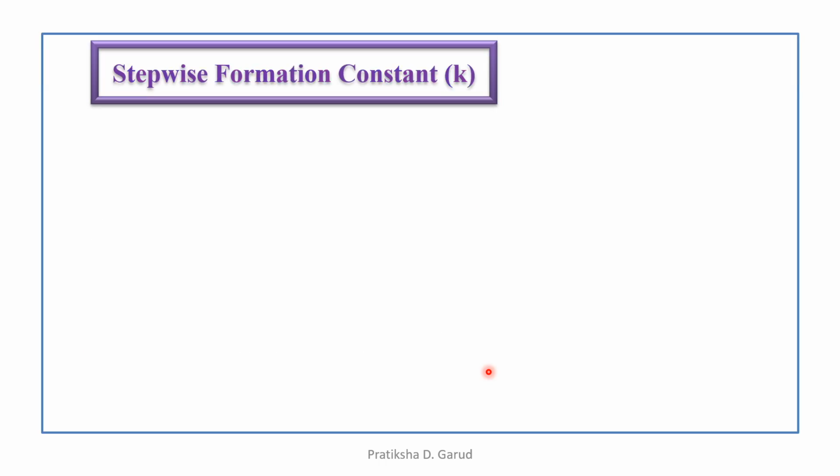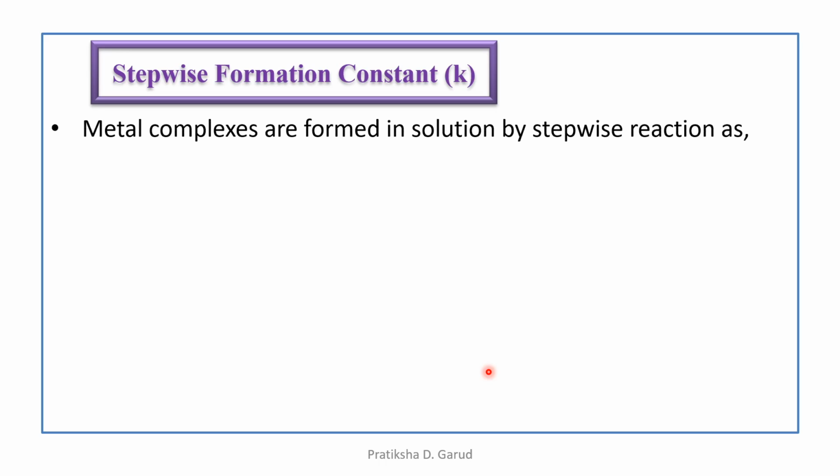So we are having the first type, that is the stepwise formation constant. This occurs when the ligand molecules are added slowly, that means complex formation occurs in steps, one to many steps. So let's take a general example.